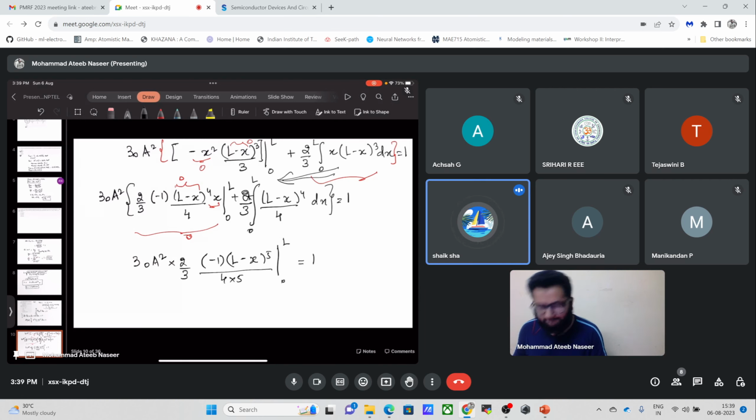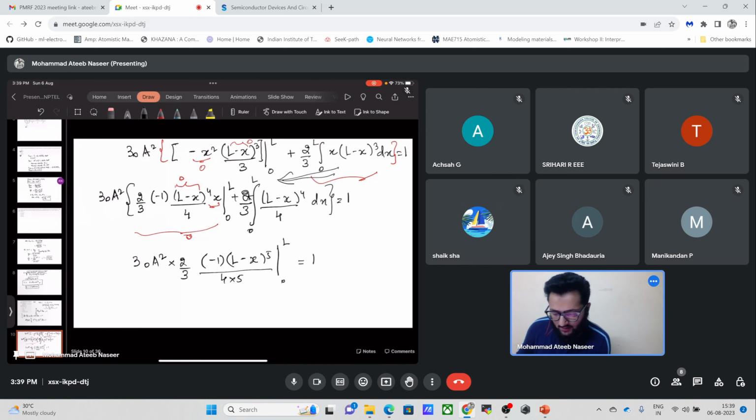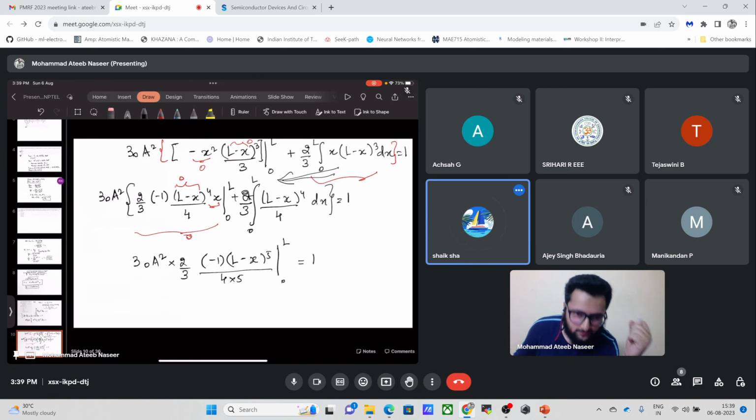In the second line, where we have integration by parts with the second expression 2 by 3, 0 to L, (L minus x) to the whole power, is it 4 only, sir, or 3? It should be 4.